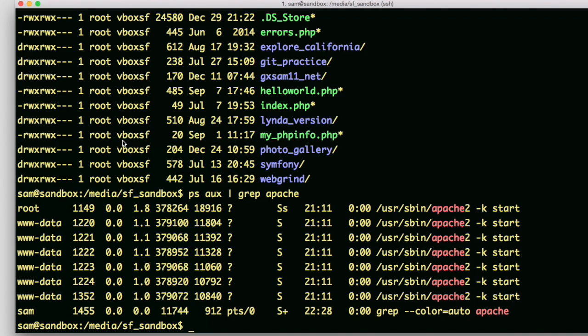Now that user, www-data, is a member of VBox SF. Therefore, the web server has read, write, execute permissions on all the web scripts and files and directories in my web directories. The important question is, what access does my web server have to the web files and folders? And I just answered that.